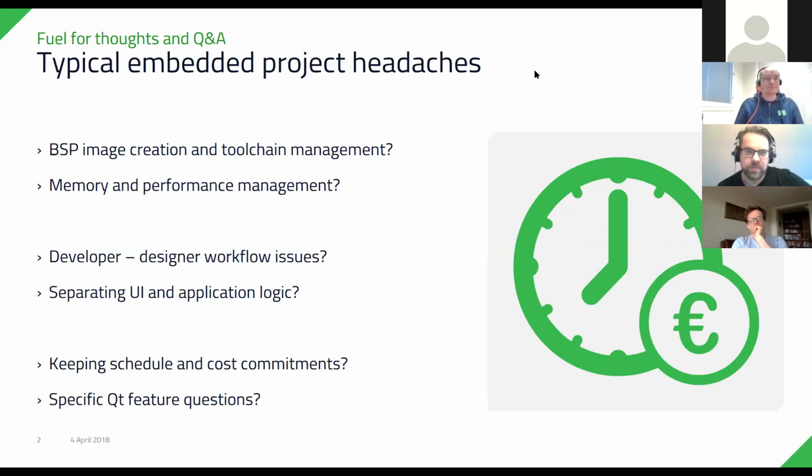Got one more. What is the best way of loading screens on embedded systems to lower the waiting time? For example, showing a QML on top of the current one when the user taps on a button. That's going to go to you, Kimmo. Yeah, this depends. Basically, the best way to load different screens or UI components is to do it dynamically.